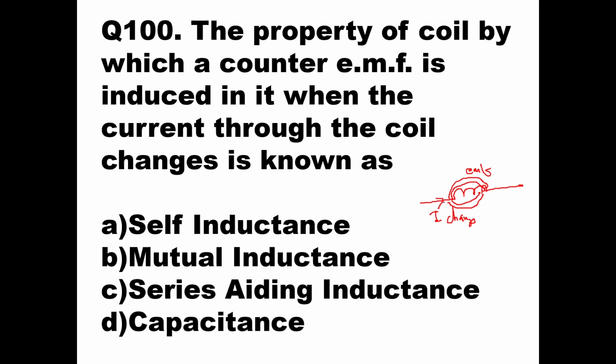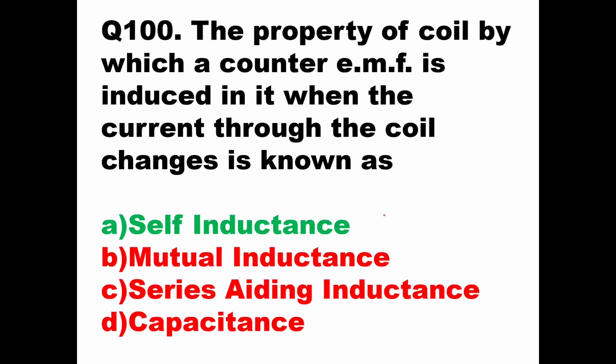This is called self-inductance. So option A will be the right answer. The property of a coil by which a counter EMF is induced in it when the current through the coil changes is known as self-inductance.